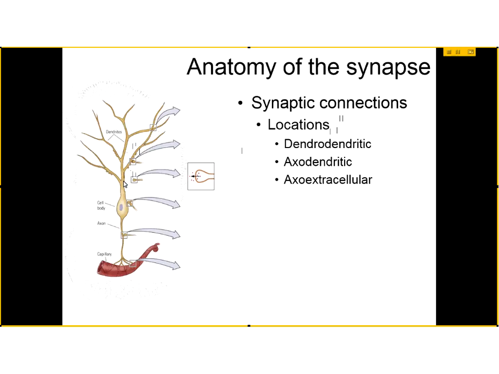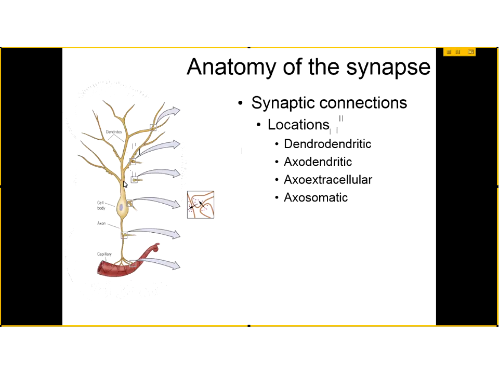So axo-extracellular can hit a wider area, maybe two to three times larger than what a simple axodendritic would be able to influence.